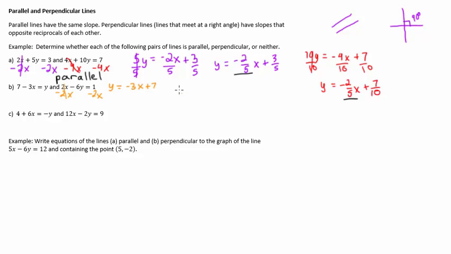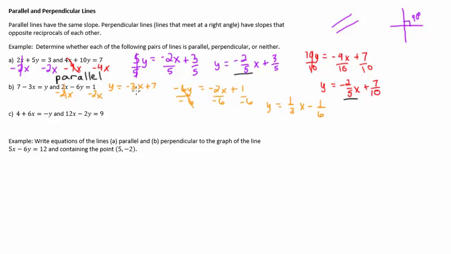So subtract 2x, and we get negative 6y equals negative 2x plus 1. Then divide everything by negative 6, so that we get y equals positive 1/3 x minus 1/6.